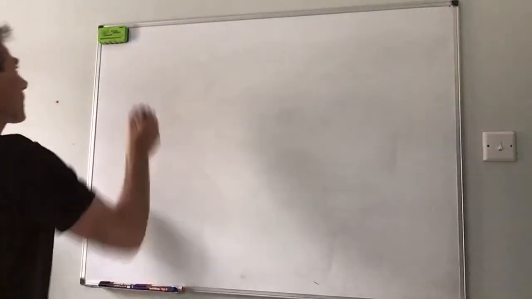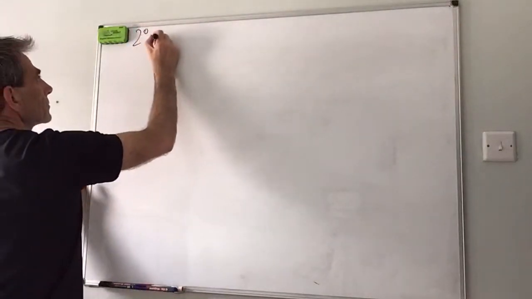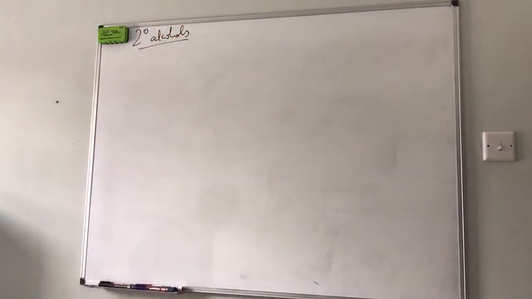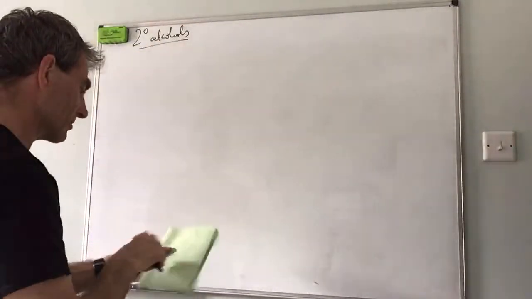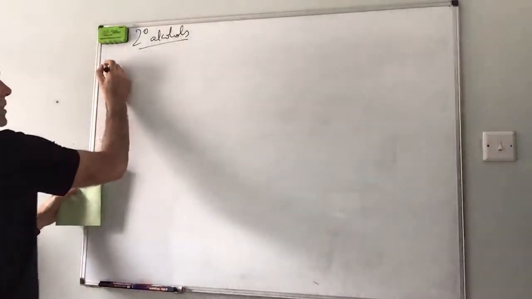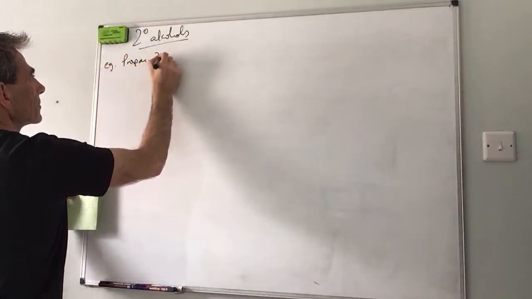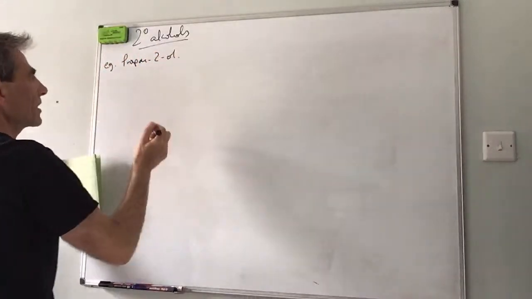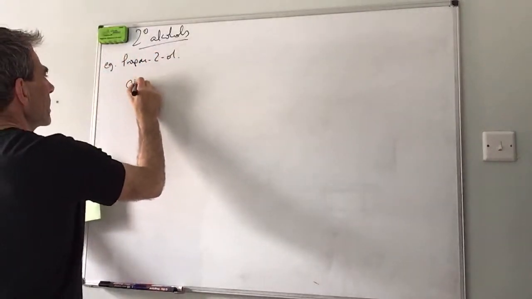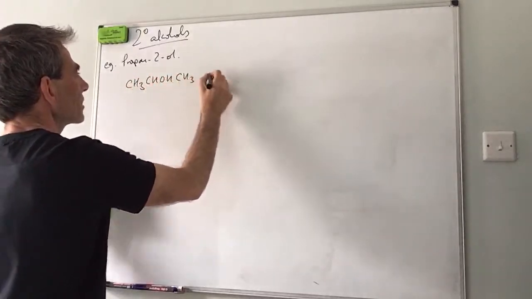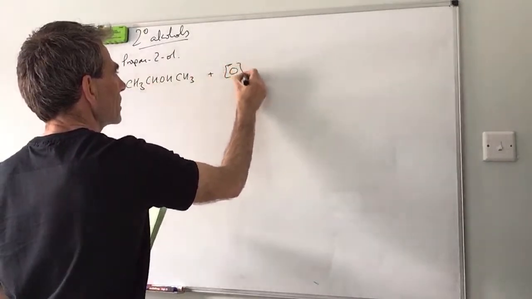Right, secondary alcohols. Okay, so the example I'm using here is propan-2-ol. So e.g. propan-2-ol. Okay, so we've got CH3, CHOH, CH3, plus oxidizing agent.